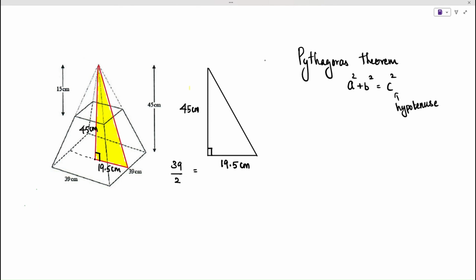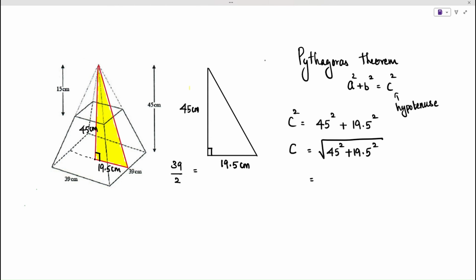So we have c squared is equal to, let's take a as 45 centimeters, so 45 squared plus b, which is 19.5 centimeters squared. So c is equal to the square root of 45 squared plus 19.5 squared.